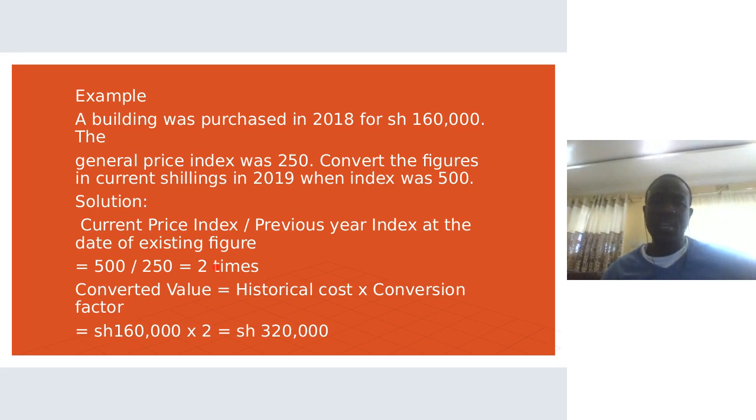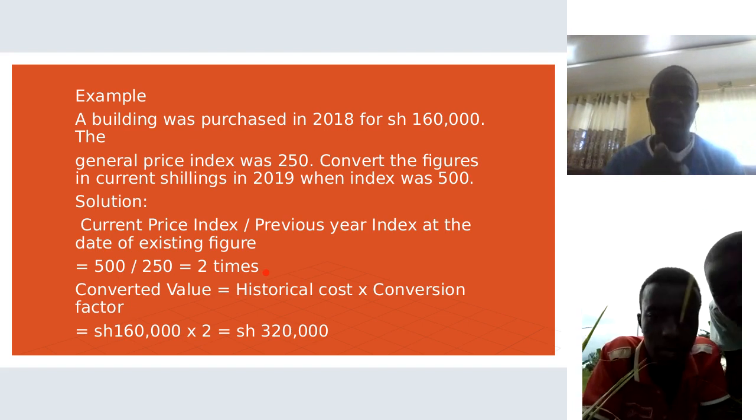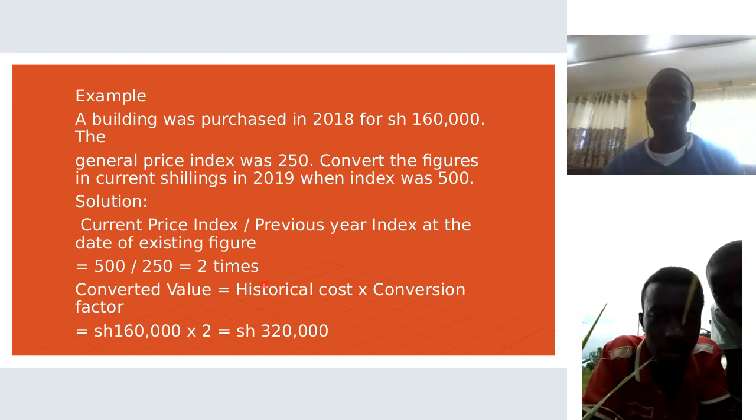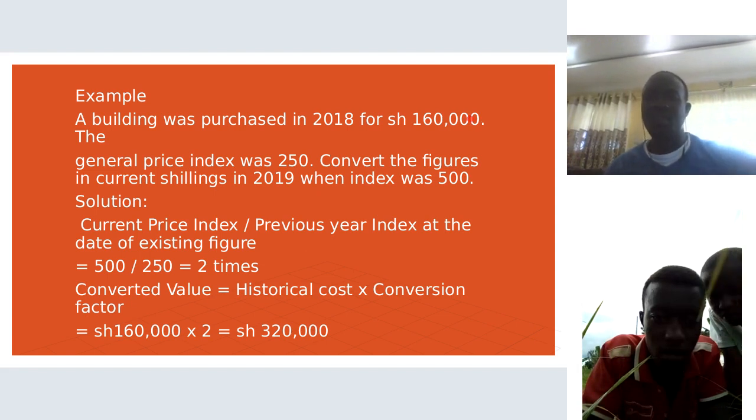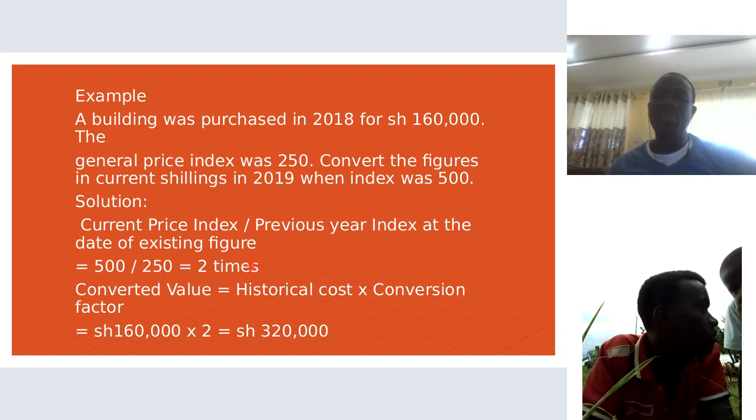We divide 500 by 250, and that will give you 2 times. So to convert the value, we multiply the historical cost, which was 160,000, by the conversion factor, which is 2 times.